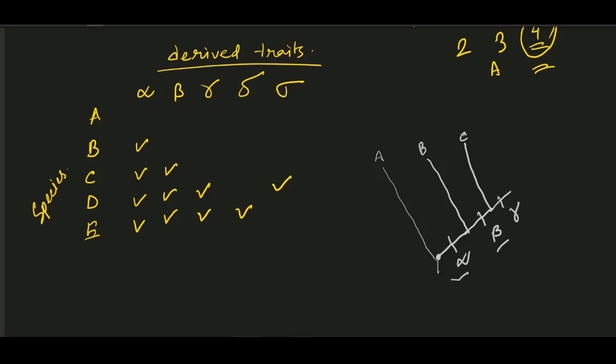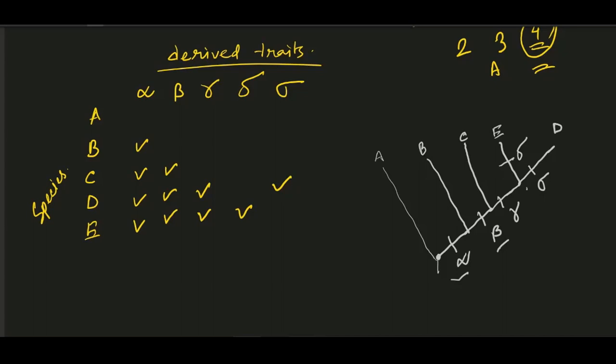So gamma trait acquired. Here's the point of the DE ancestor. Now from D and E, D derived sigma but E derived delta. So from this point, D speciation happened, E speciation happened, and E gained delta as a trait, and D gained sigma as a trait.